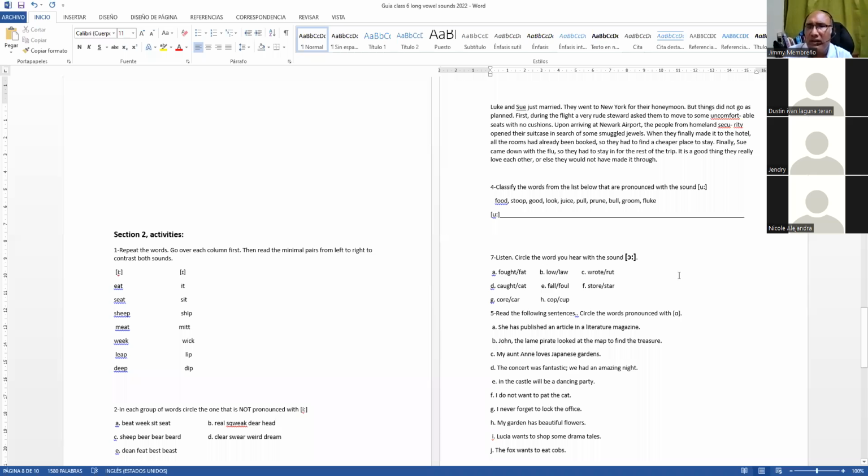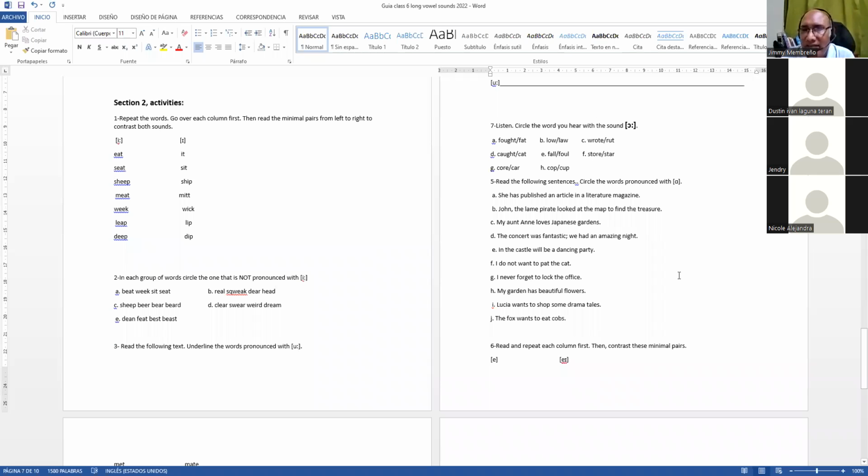Then we have this other exercise, exercise 7. Listen and circle the word you hear with the sound O. So for example, I will read it.